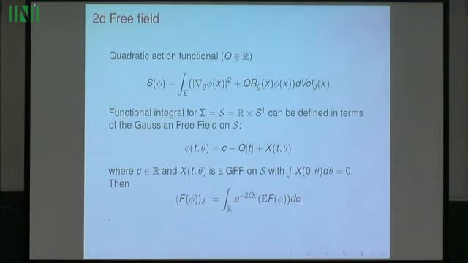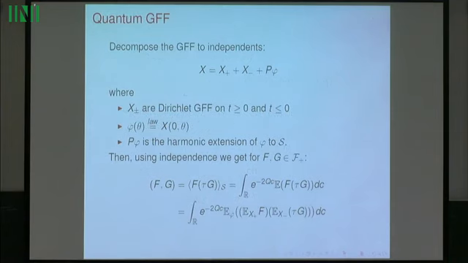So what does the Hilbert space look like? Well, I told you that you want to reduce it to the time zero degrees of freedom. So let's decompose the Gaussian free field into three independent things.